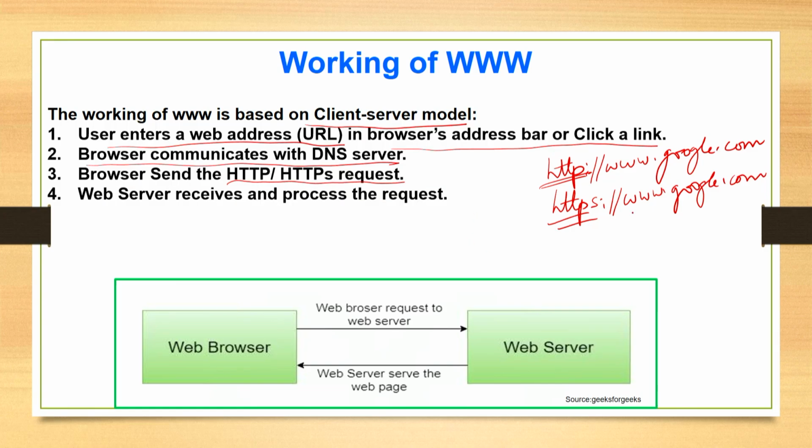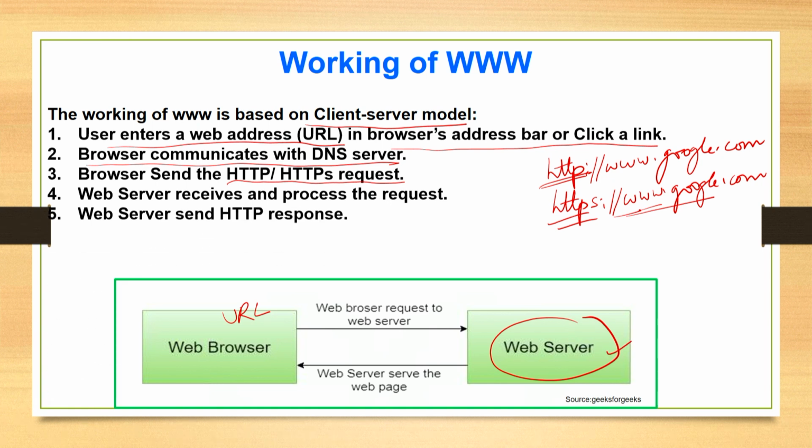The web server receives this request and processes it. So through the web browser you have entered the URL, and this request first communicates with the DNS server, then the browser sends this HTTP or HTTPS request, as the case may be. Then the web server receives the request and processes it.